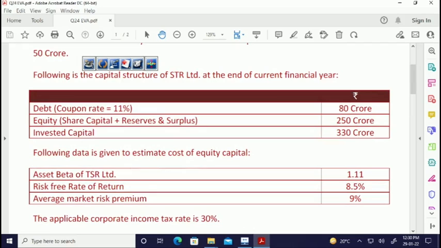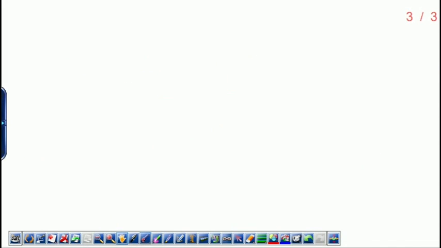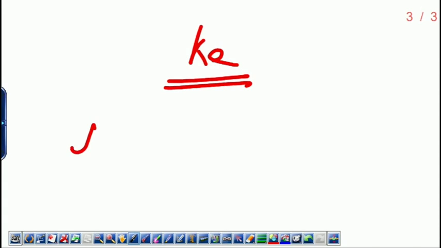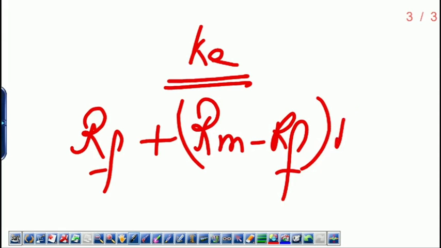What is the debt? 80. What is the equity? 250. So I'm not doing it in a very sequential manner, by decorating the board. Basically, my stance is how to calculate KE. So KE is RF plus RM minus RF into equity beta. Equity beta is not given.